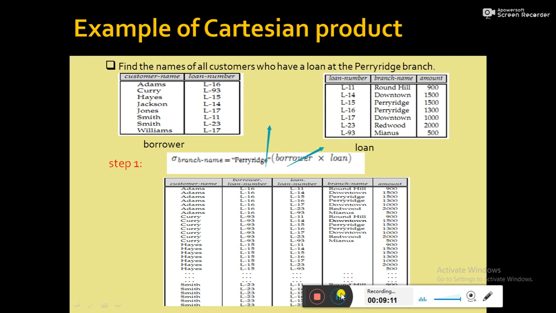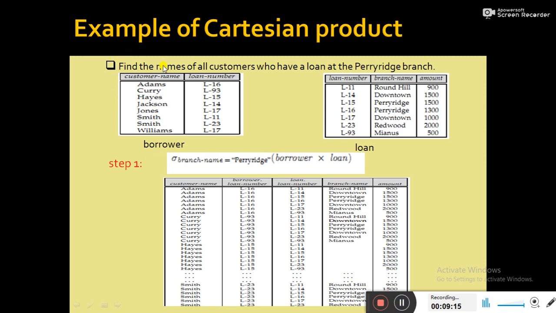Now take an example of the Cartesian product operation. Find the name of all customers who have a loan at the Perryridge branch. These two relations are given, borrower and loan, as well as a customer relation.